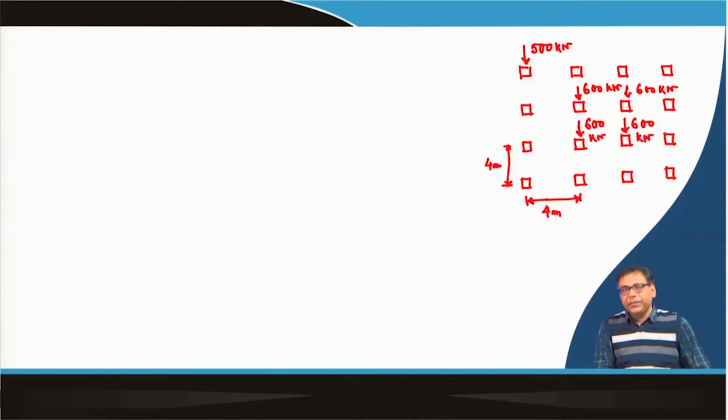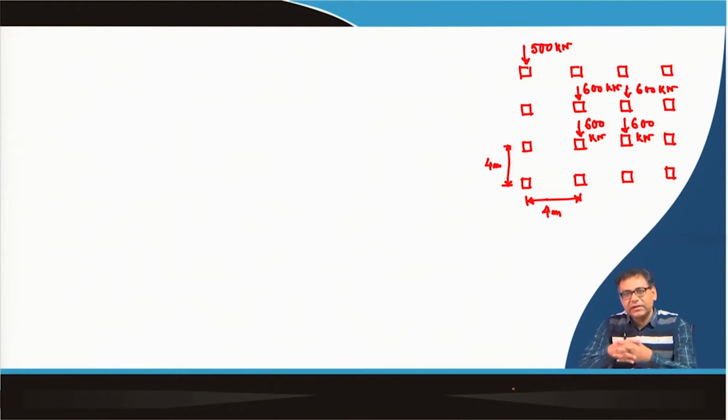Initially we have to check the foundation for every column. If the isolated footing is fine, then we can provide isolated footing, provided all the settlement criteria, I mean the differential settlement, or the rotation, or the maximum settlement criteria, are satisfied.